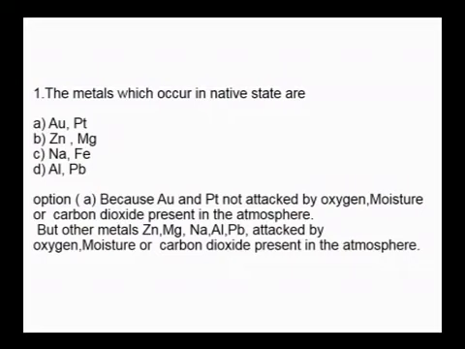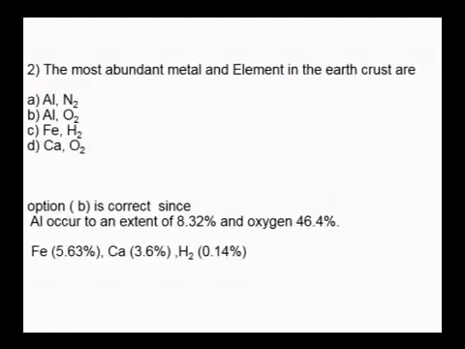But other metals like zinc, magnesium, sodium, iron, aluminum and lead, etc., react with oxygen, moisture or carbon dioxide present in the atmosphere. Therefore, they will not occur in native state.